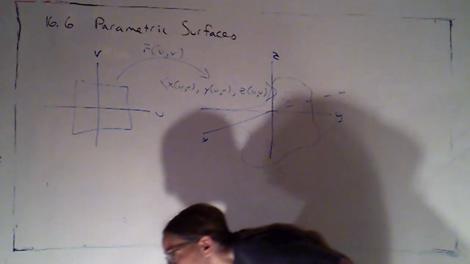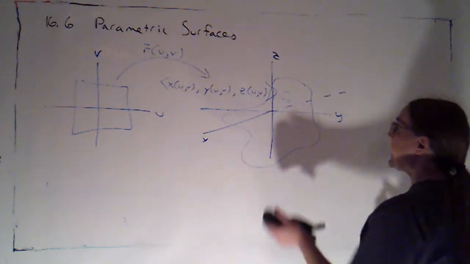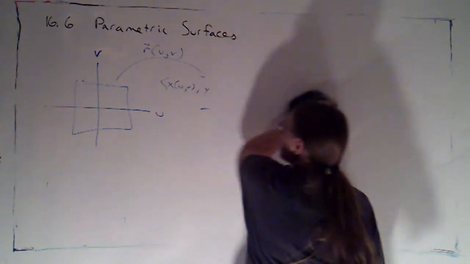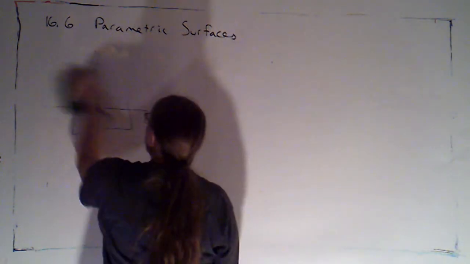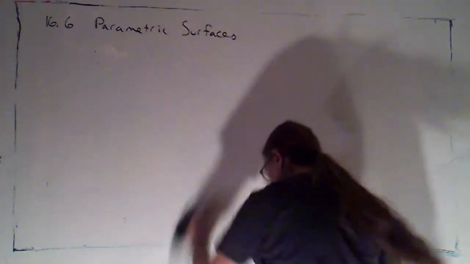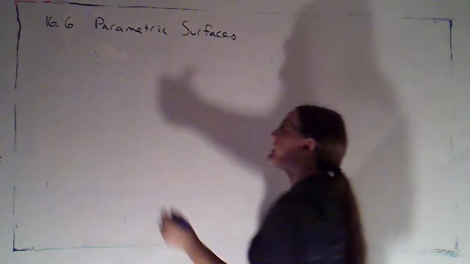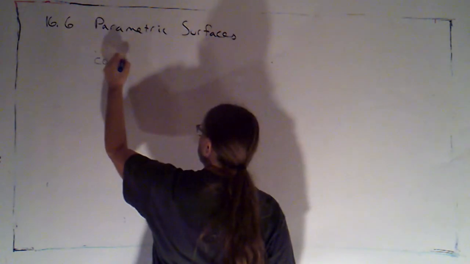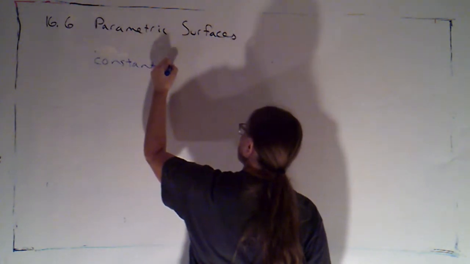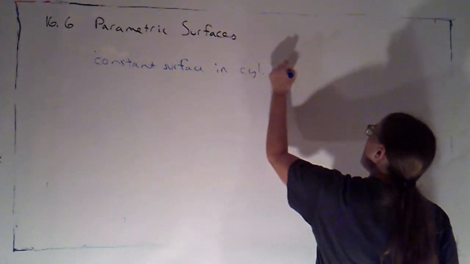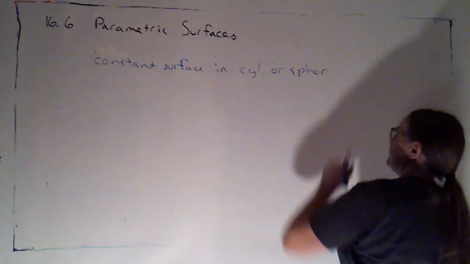Okay. So what I want to do is spend some time looking at some common parameterizations that we're going to be working with. So one thing that's fairly common would be to have a constant surface in either cylindrical or spherical coordinates.